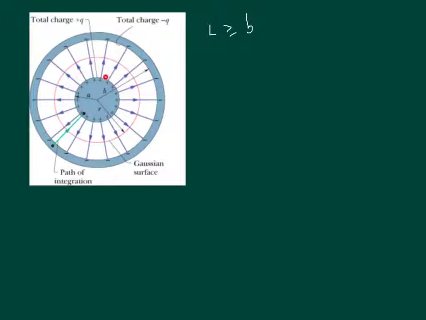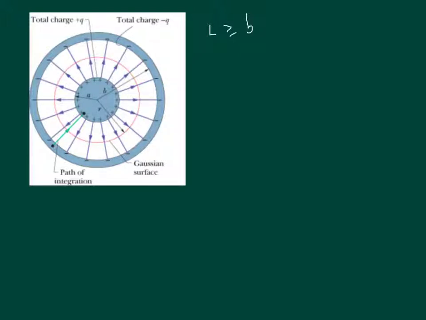The inside cylinder has a positive charge, whereas the outside cylinder has a negative charge, and we are integrating radially inward. The reason we assume the length of a cylindrical capacitor is way bigger than its radius is because we can neglect the electric field at the two ends.